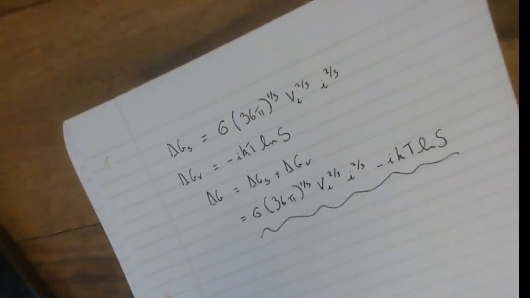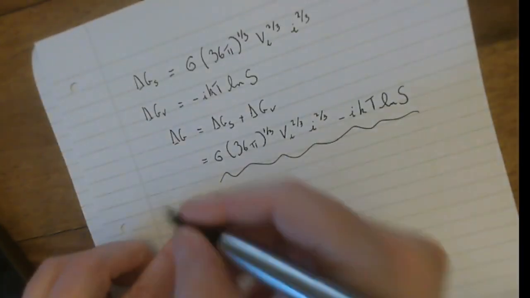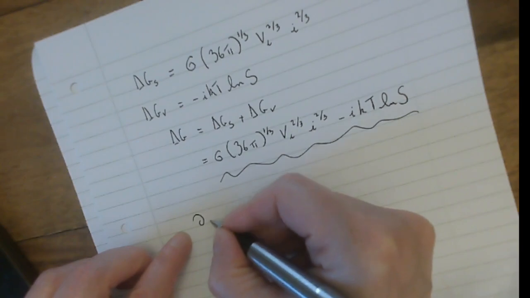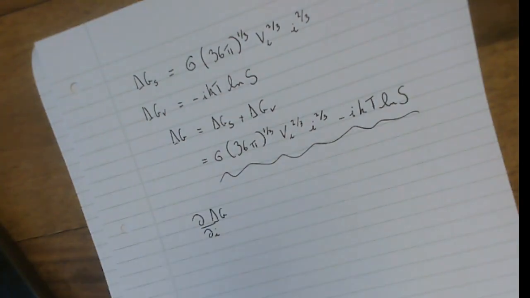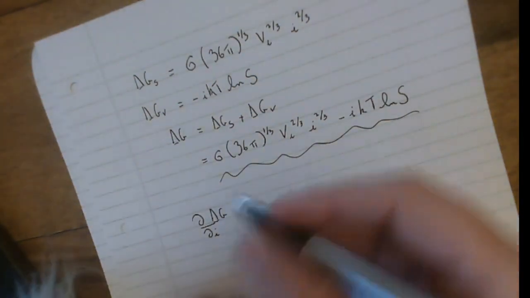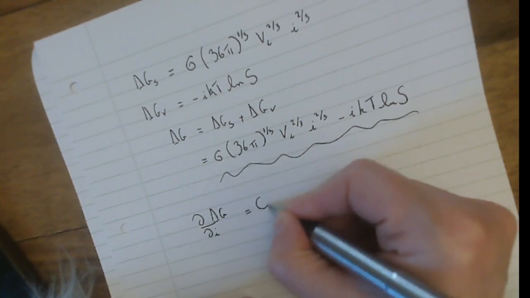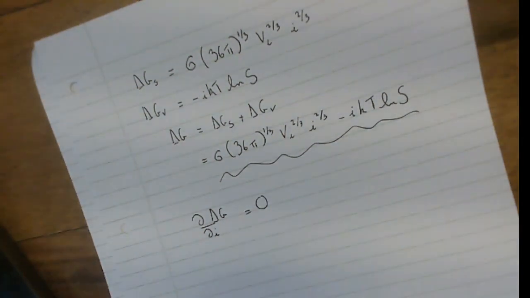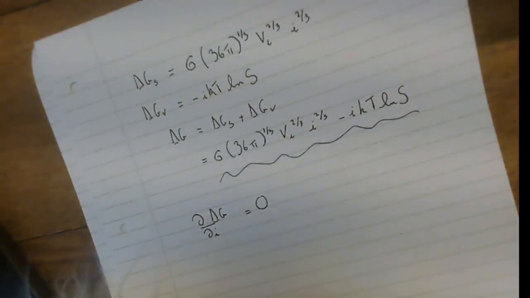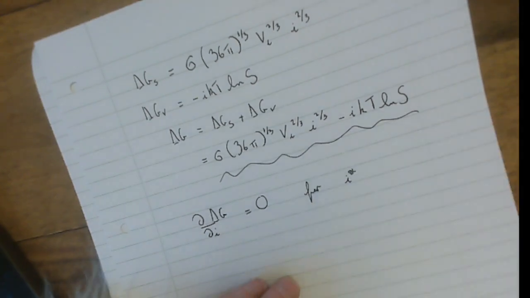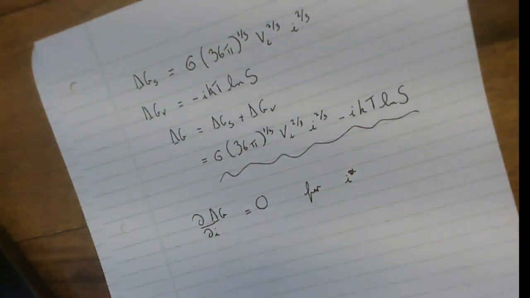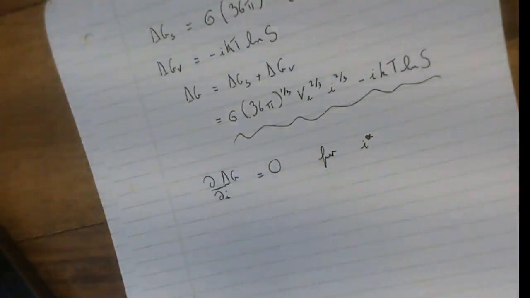So what we're going to do is d by dI of delta G. We're going to differentiate our free energy barrier and set this to 0, because this is going to tell us the maximum, which is where our critical cluster is. So this is for I star, our critical cluster. Okay, so let's have a go at this differentiation.